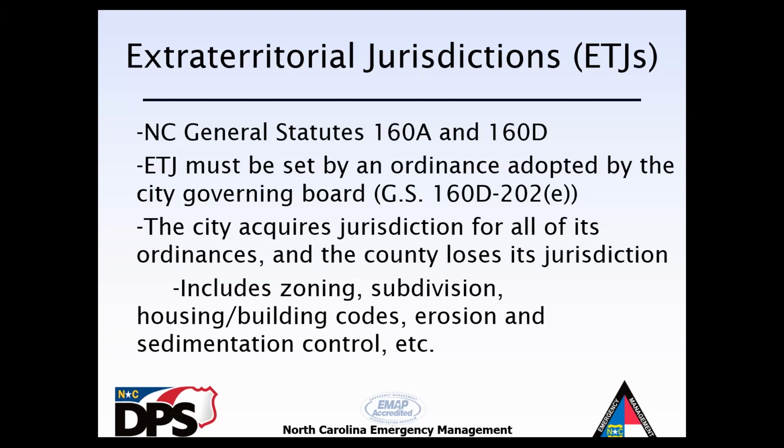And as soon as that ordinance passes, the city acquires jurisdiction for all of its ordinances in those areas, and the county loses its jurisdiction. So this includes zoning, subdivisions, housing and building codes, erosion and sedimentation control responsibility, and many other regulations. Another important thing to keep in mind is that the General Assembly can have some oversight over this process.